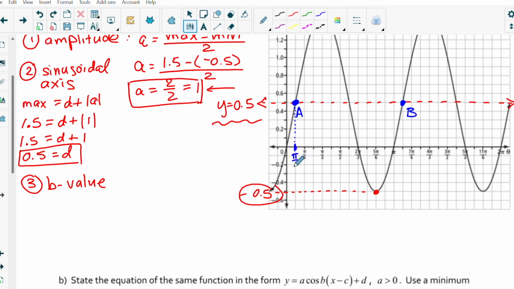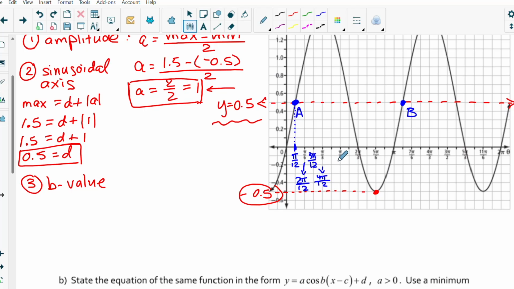This is pi over 12. 2 pi over 12. 3 pi over 12. And it should make sense. This is 4 pi over 12, or otherwise known as pi over 3. So be careful when you're reading the theta values or the x values going across on the x-axis.